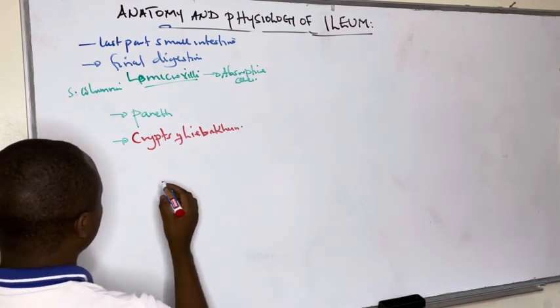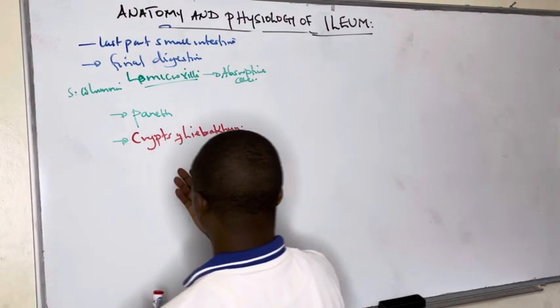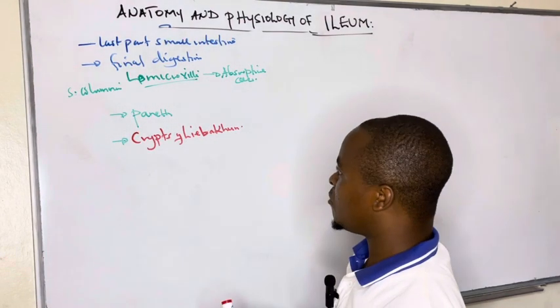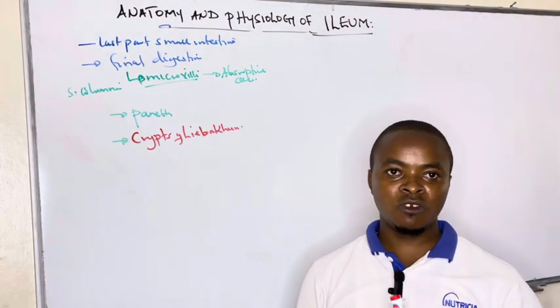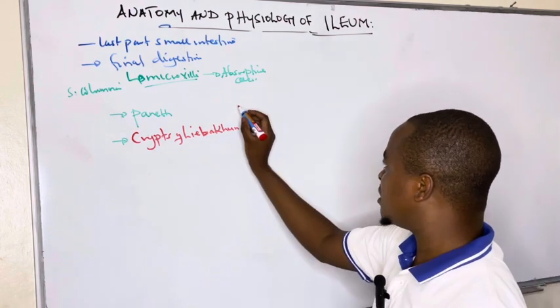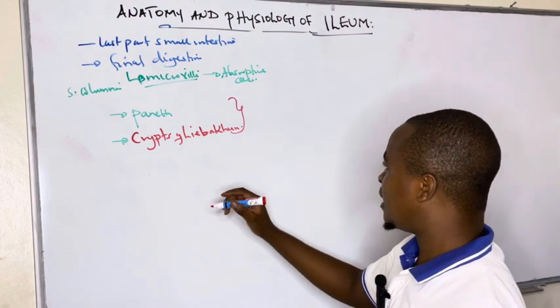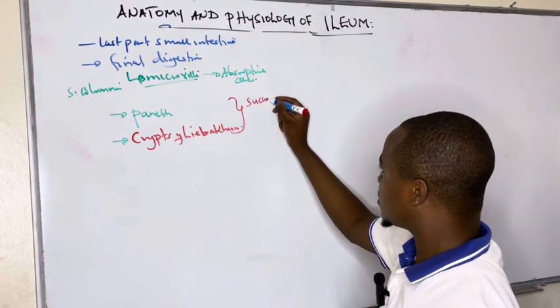And these cells, the Paneth cells and the crypts of Lieberkühn, all of these are found in the enterocyte, or what we call the intestinal mucosa. And these cells collectively secrete succus entericus.